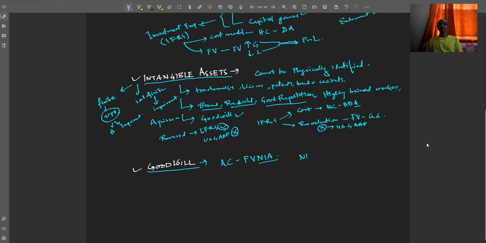Net identifiable assets is equal to fair value of assets minus fair value of liabilities minus fair value of contingent liabilities. This is basically the fair value of net identifiable assets.